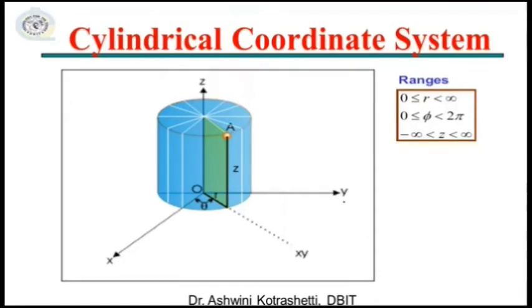The phi angle, just like I demonstrated, goes around from 0 to 360 degrees. I can write 360 degrees as 2 pi. So phi varies from 0 to 2 pi, and z varies from minus infinity to plus infinity. I can have an infinitely long cylinder, hence minus infinity to plus infinity.